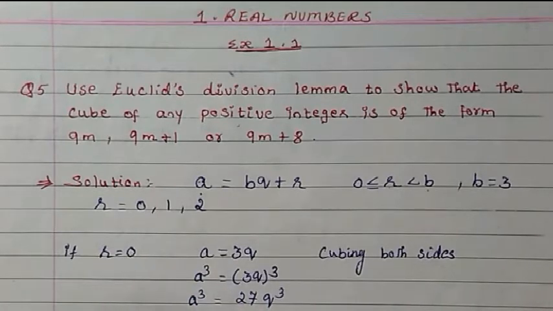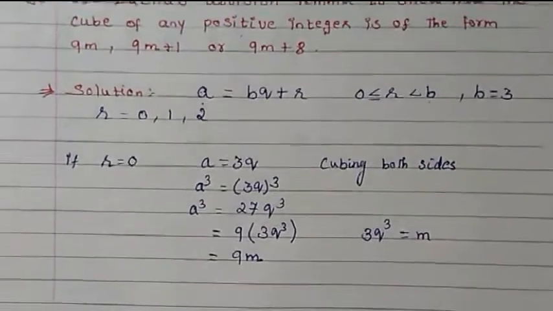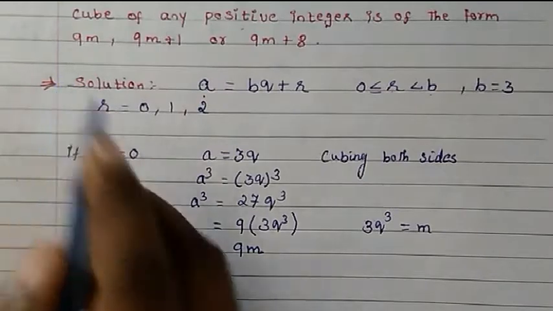So 9 we take as common, and then we have 3q cube. If we consider 3q cube as m, we will have 9m. So we have got it in the form of 9m.